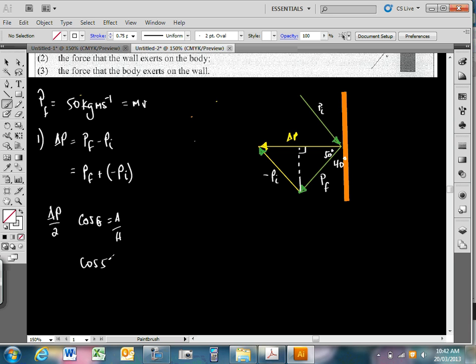Cos 50 degrees equals adjacent, of course, which is change in momentum on 2. Put it in brackets just to make it clear. We'll keep that by itself. Over the momentum final, which is 50 kilogram meters per second. That leaves us with delta P on 2 equals 50 cosine 50.